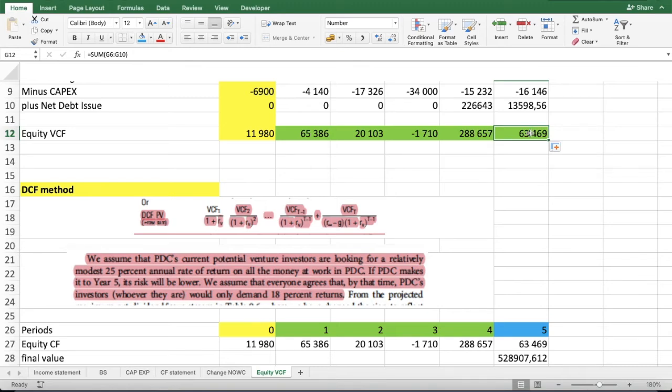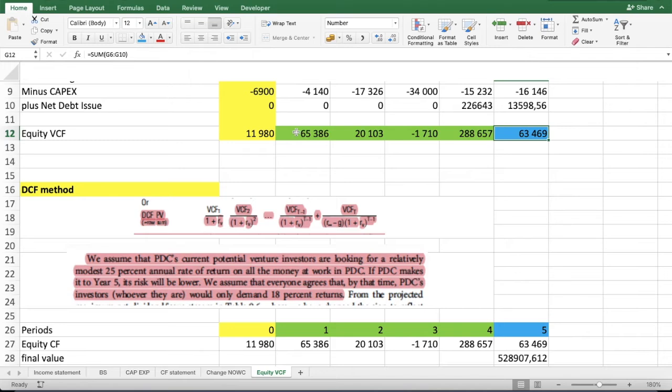But at the beginning of year 5, the firm will make a transition from a startup to a mature firm, right? So this is the point. And that's why we have to treat the final year with a special treatment. So I will put here a new color.